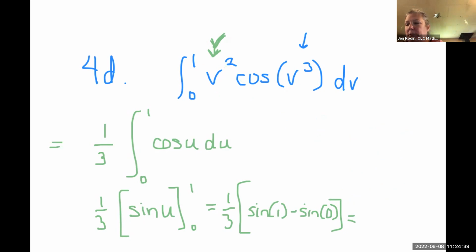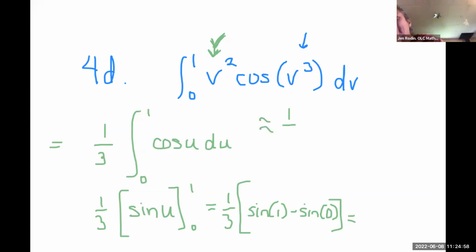I'm just going to see what my calculator tells me is sine of 1 radian. Very small, 0.017 about.